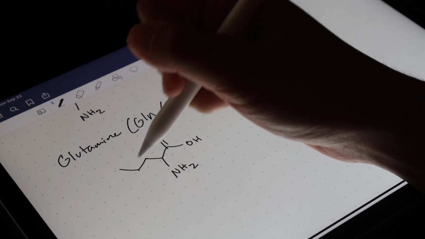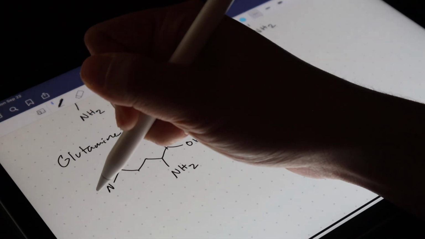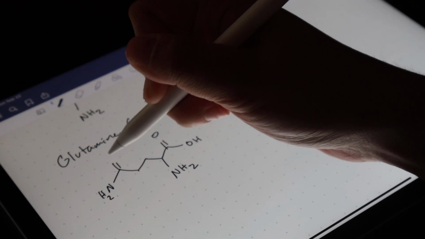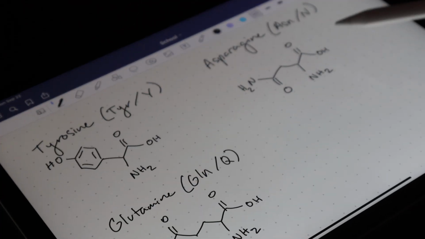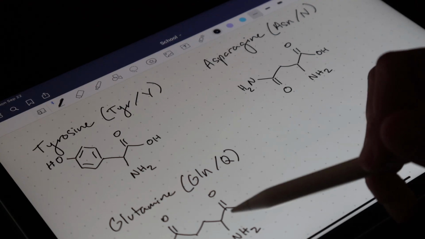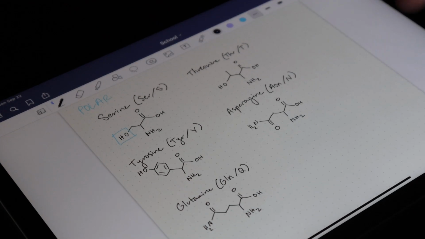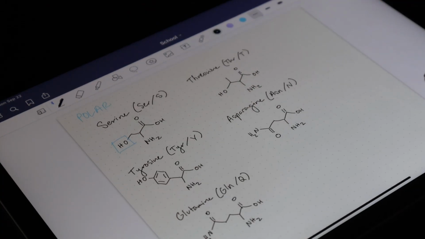So this time we have 3 carbons on our chain, and that last carbon is connected to an amine. Once again, double bonded to an oxygen. So very similar to the last one, just an extra carbon in that chain. And that rounds out all of our polar amino acids.